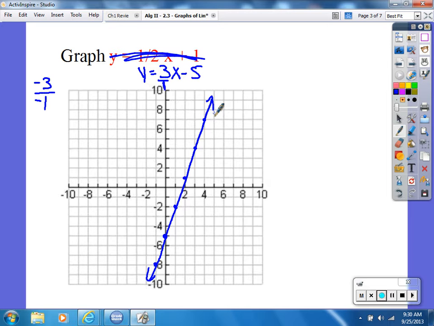Now, I put a lot of points on this, right? Why would I put a lot of points on this, especially for something maybe coming up in the future? To make sure the line is straight. Anybody think of something you did in Algebra 1 that's going to be coming up in a month? The keystones, yes, but that's not what I was looking for. I'm not thinking testing. I'm actually thinking a topic in Algebra 1 where I deal with graphing again.